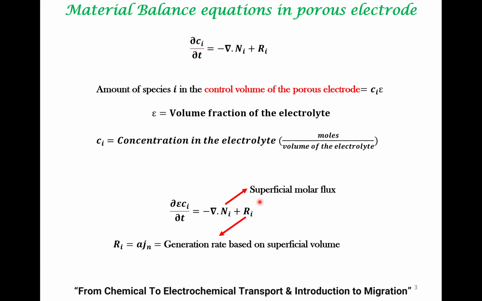Please refer to that. And then here, the generation rate term also is related to the superficial volume. So all the three terms are related to the superficial terms associated with the porous electrode.